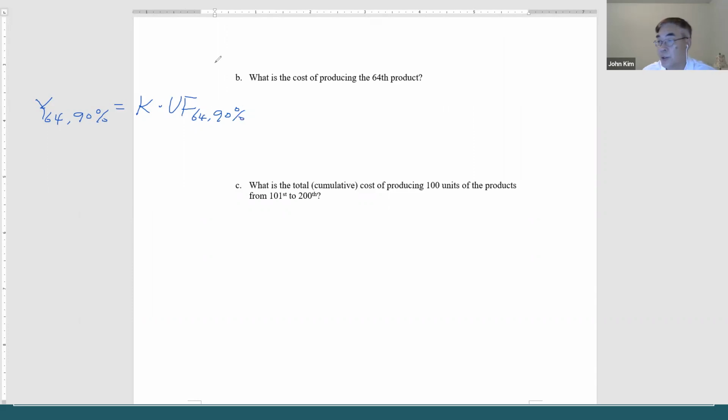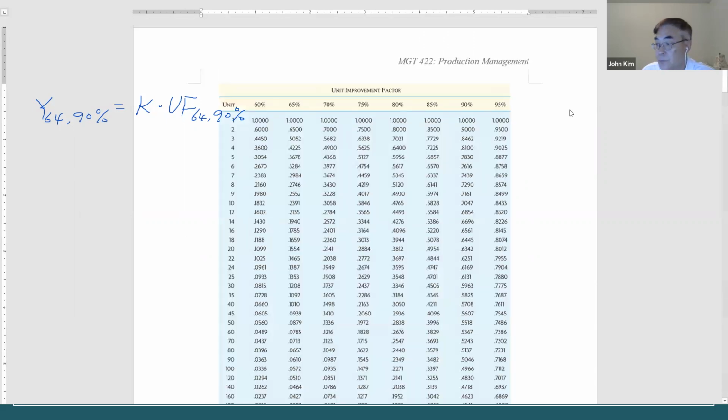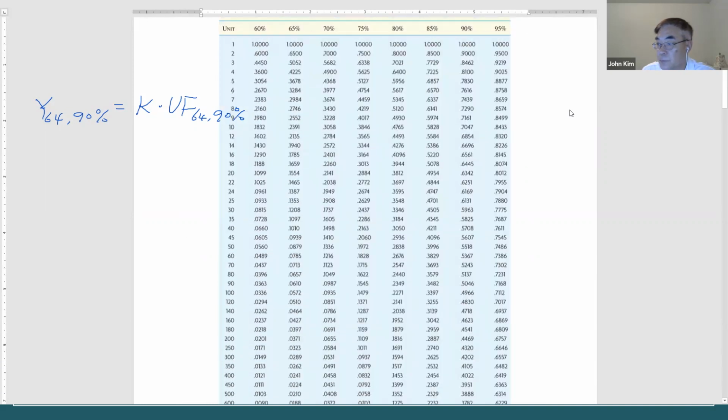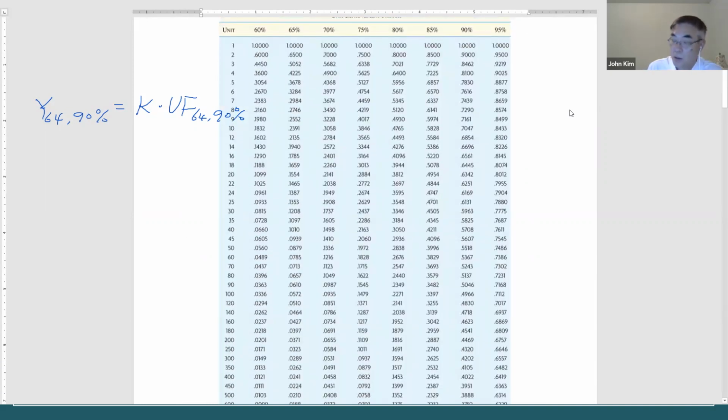So try to find unit factor 64 from the chart. 64 we cannot find.